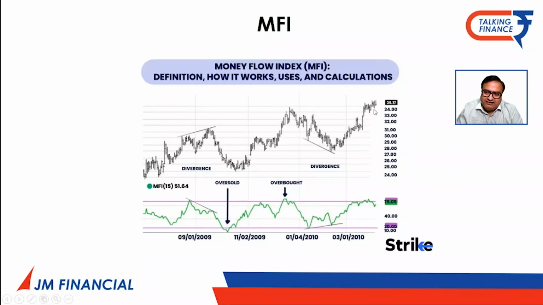After that, the stock made an extremely good move from 28 odd to 34. This is how the MFI is read. It's just the calculation that is different for this indicator, but eventually the outcome it is trying to tell us is very similar to what the RSI is telling us.